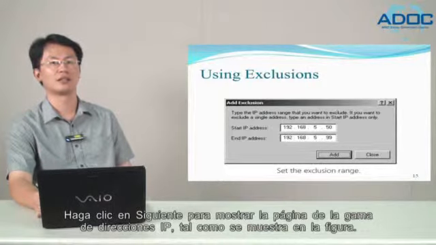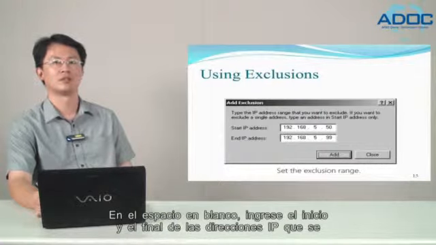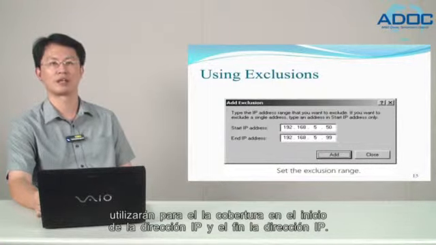And click Next to display the IP address range page as shown in figures. Enter the start and end IP addresses to use for the scope in the start IP address and end IP address boxes.